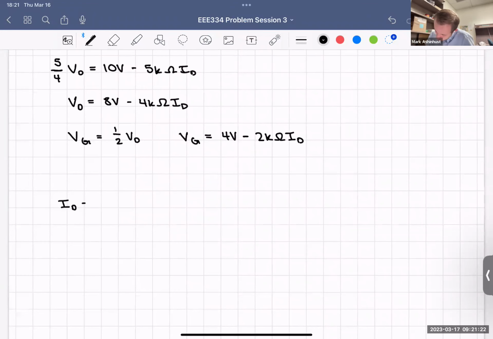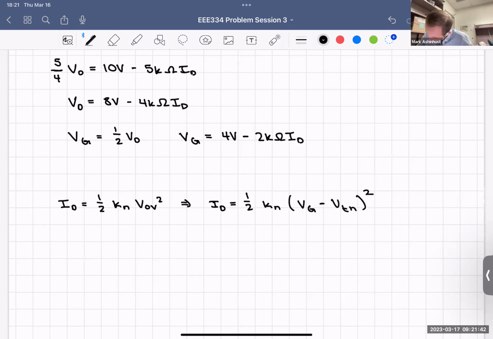We know ID equals 1/2 Kn VOV squared, which is ID equals 1/2 Kn times (VG minus VTN) squared. The reason it's VG and not VGS is because VGS is actually VG in this case, because VS equals 0 volts, so we can cancel that out.